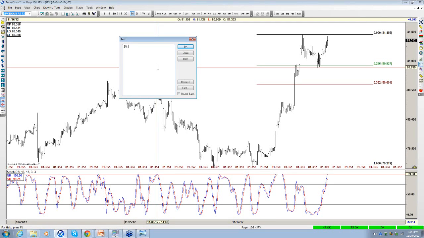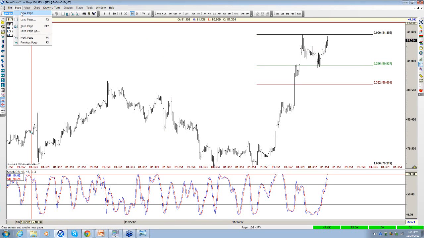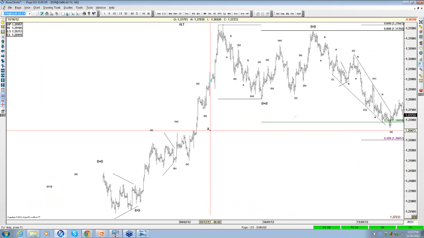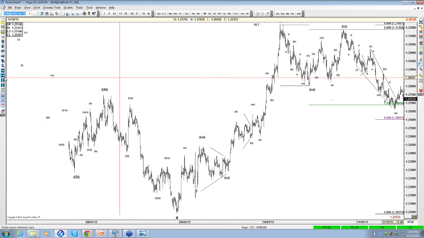If you take a 100 pip stop loss, or if you take a 10 pip stop loss, it is the same concept. Now, let's take a look at the euro. All right?